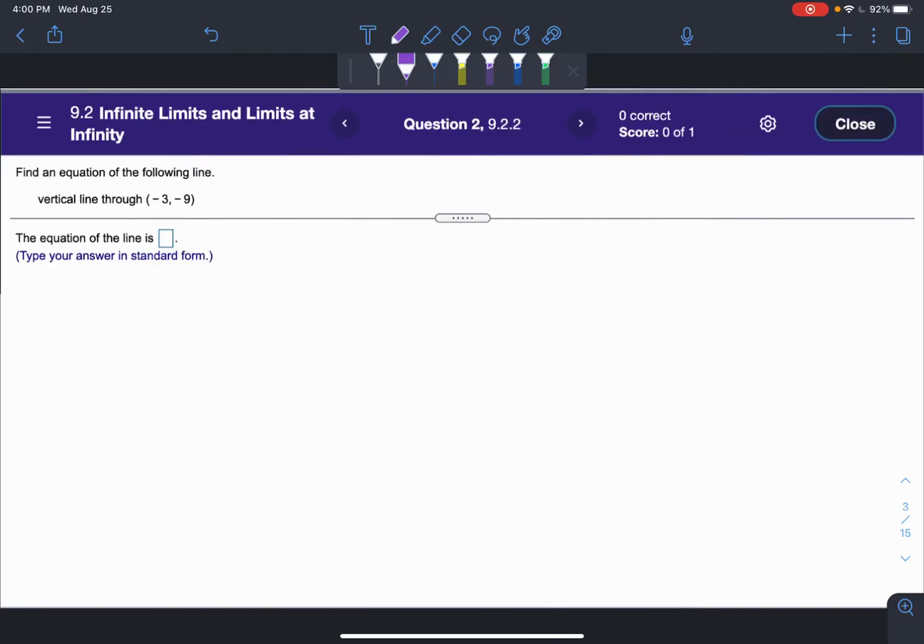So now we want a vertical line. Let's graph again. Let's put the point with -3 as my x coordinate, and then -9 is my y. 5, 6, 7, 8, 9, barely down there.